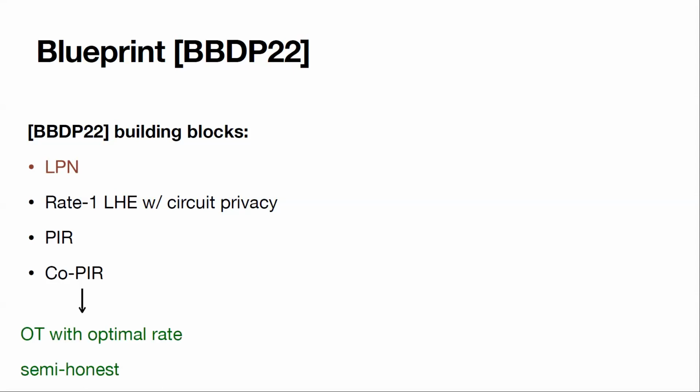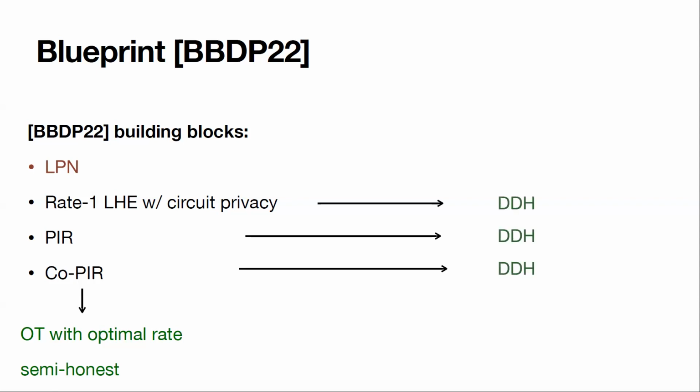So they first show that we can combine these ingredients to get an OT scheme with optimal rate with semi-honest security. Then they proceed to instantiate these building blocks from the DDH assumption. And this implies an OT scheme with optimal rate from the DDH and the LPN.